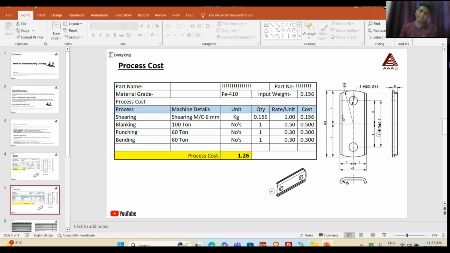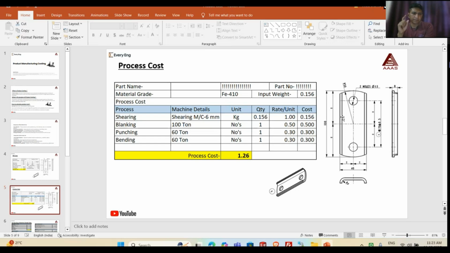I am also reaching this point: how to write 50 paisa for 400 ton? Why do we not write 40 paisa, 1 rupee 80 paisa? So this is the calculation of each machine and each stock.